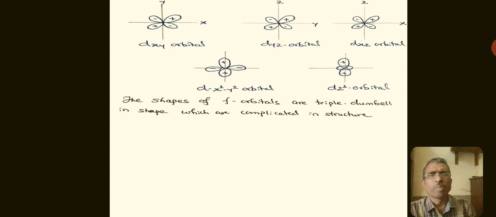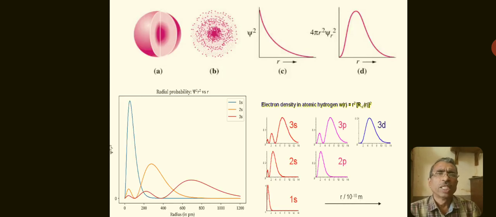in the diagram. The shapes of f orbitals are triple dumbbell in shape, which are complicated in structure. Now this is the first slide I am showing, the probability of finding the electron in the orbital.